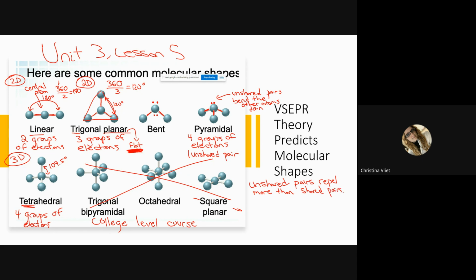That means that every time you have an unshared pair, you subtract 2.5 degrees from the main group. So I'm going to write that. You're going to write that underneath. So each unshared pair subtracts 2.5 degrees from the main group's bond angle.